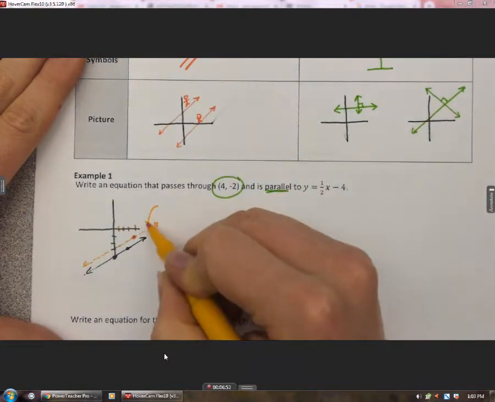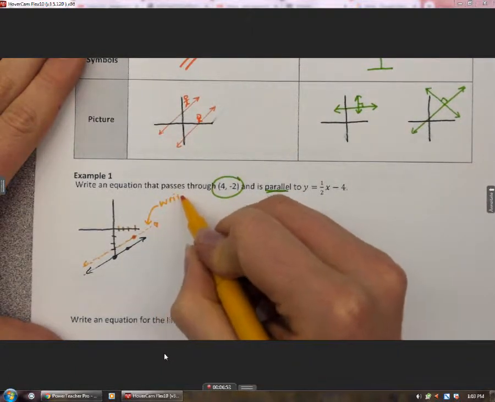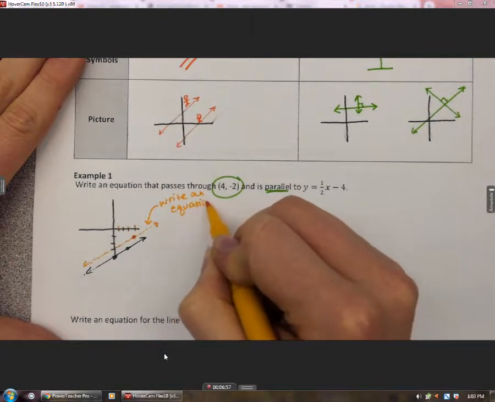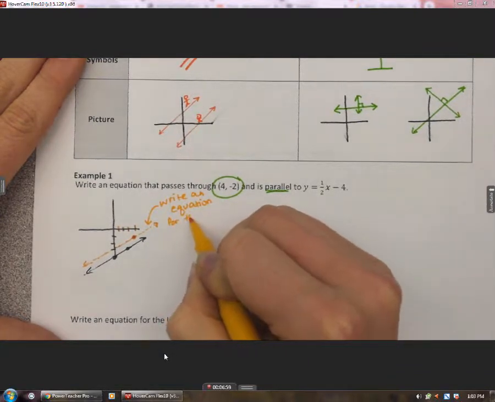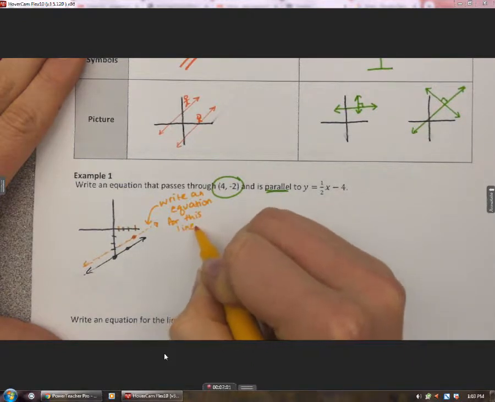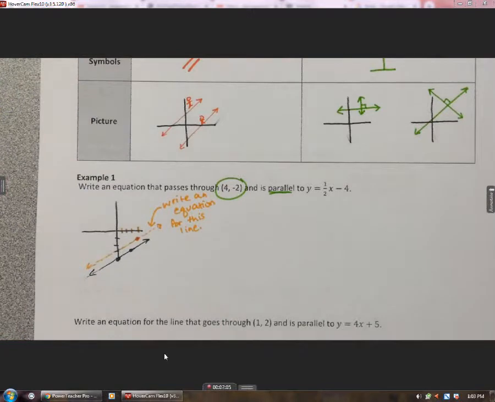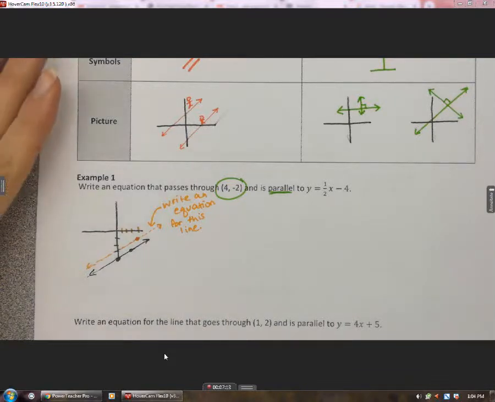So I need to write an equation for this line based on what I already know. We've been working on writing equations, so you guys are champs at this. We always start with what we know.